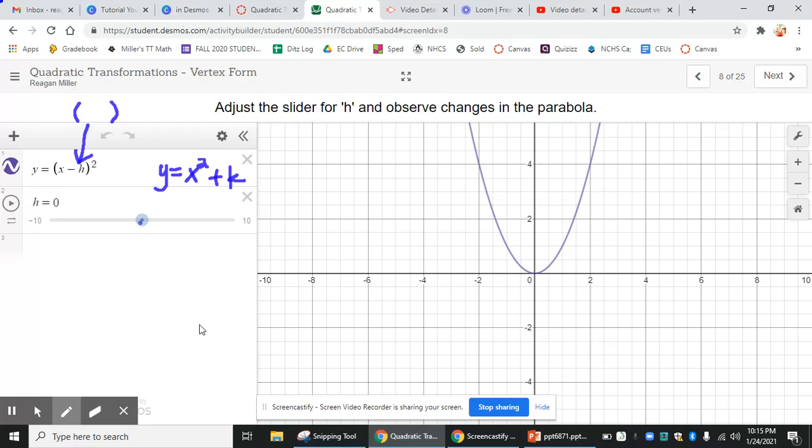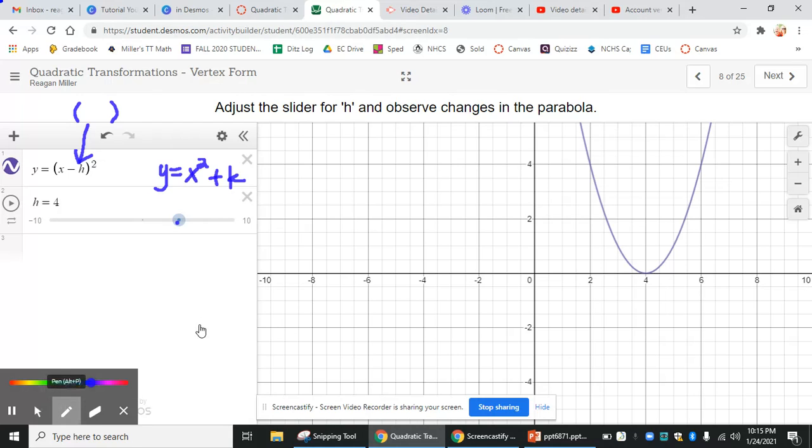Okay, so as I move h to the right, let's see what happens. If I move h to the right on my slider, let's go maybe to 4. You'll see I have a positive 4 here. So moving it to the right, if I rewrote the equation, is y equals (x minus h) squared, so our h is 4.